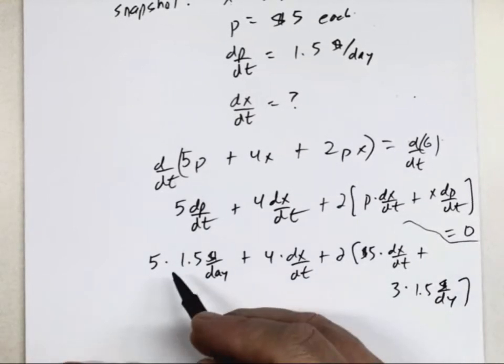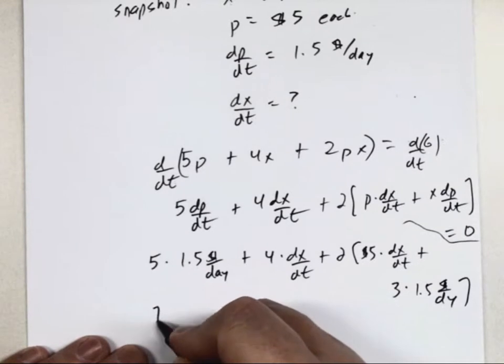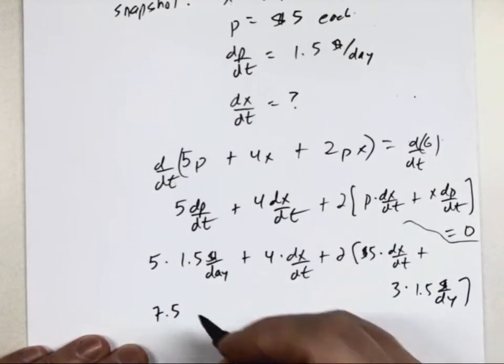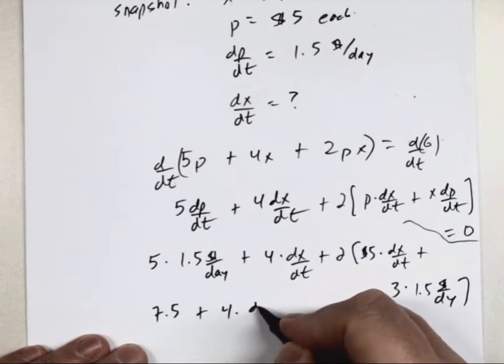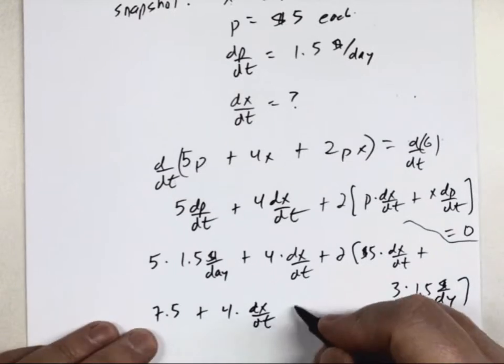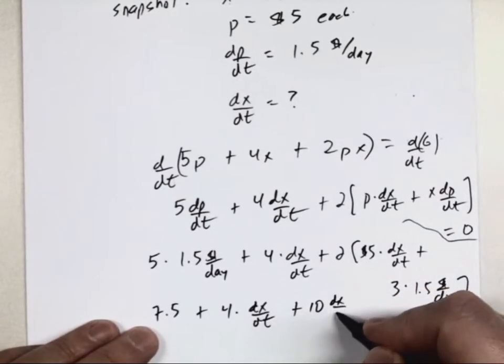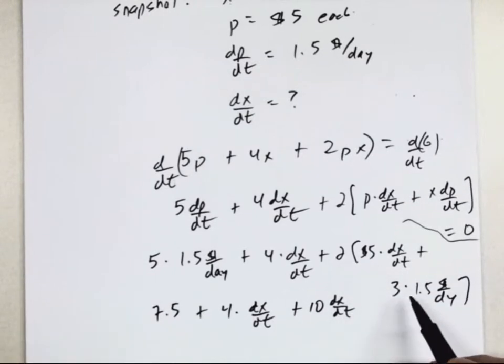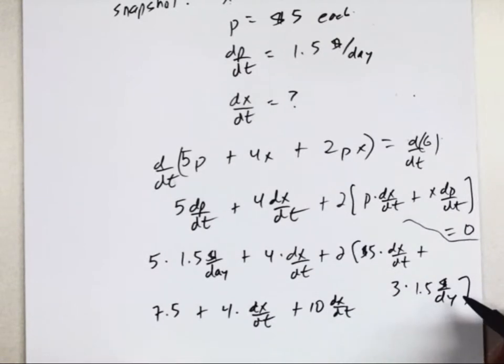So if I do some math, 5 times 1.5, I believe, is 7.5. Plus 4 times dx/dt, plus 10 times dx/dt, and then 2 times 3, which is 6, 6 times 1.5. What do I have here?